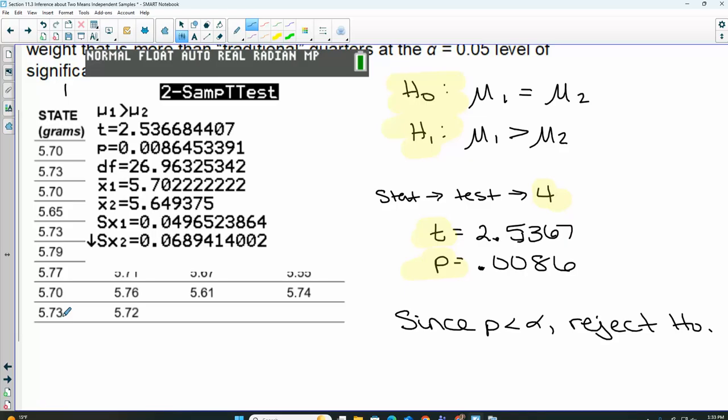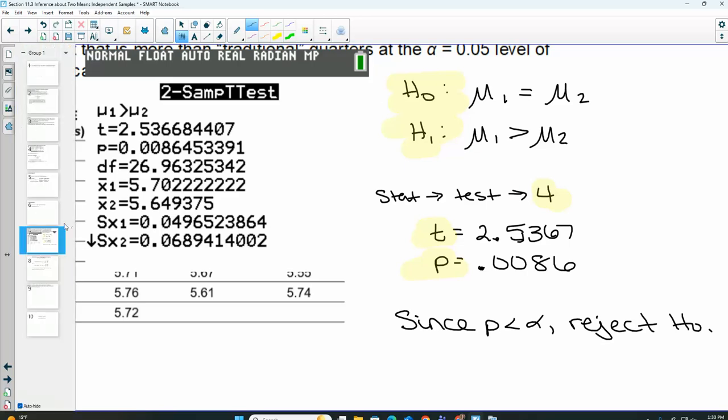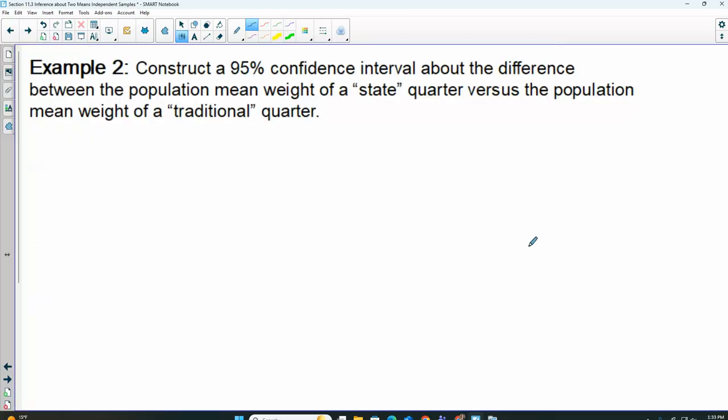Any questions on that? We can also use confidence intervals to test our hypotheses. So let's look at one of those. If I asked for a 95% confidence interval for the difference between the weights, again, you have to have your data entered, which we already do.